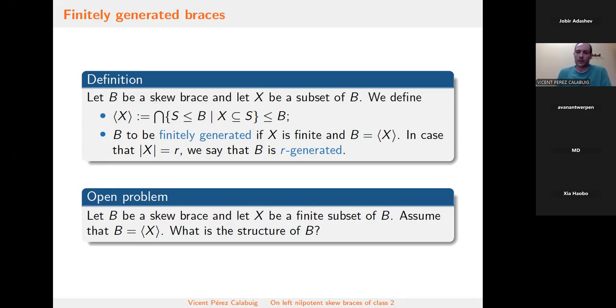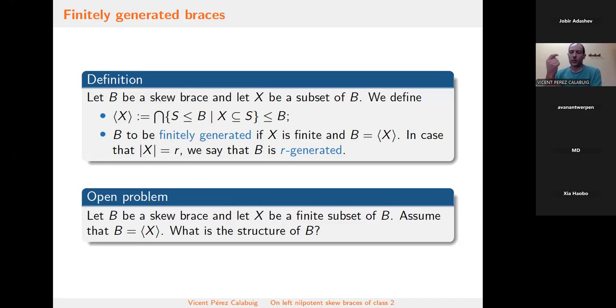Okay, so here we have the following open problem. If we have a finitely generated skew brace, what is the structure of this brace? Well, this is, as I said, one of the most difficult problems, and just to figure out the difficulty of this problem, think about the case of groups.